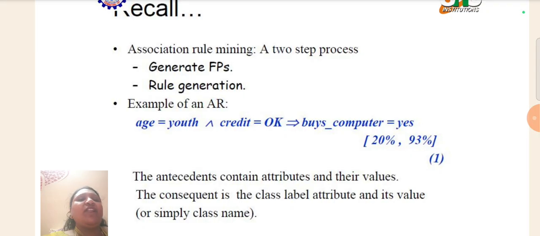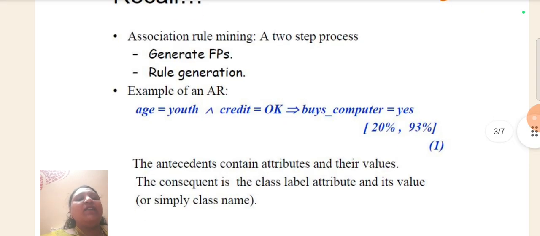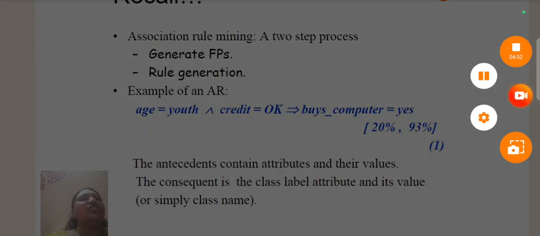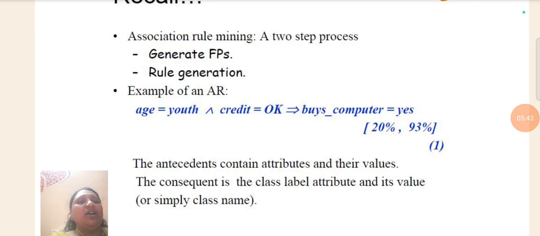So this is the rule framed. With the help of the rule, we have a support count of 2, and we have to calculate the confidence, that is the support count of A union B divided by the support count of A. For this example, it is calculated and we got 93%. So this is all about the upcoming process of the associative rule. Thank you.